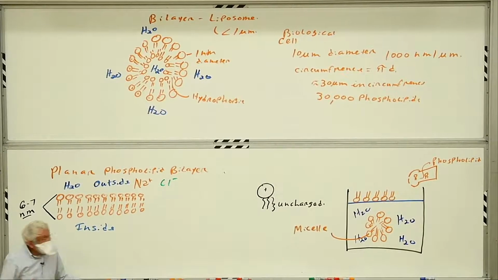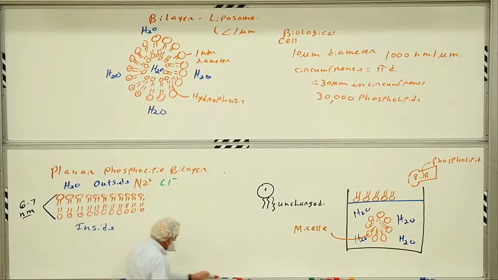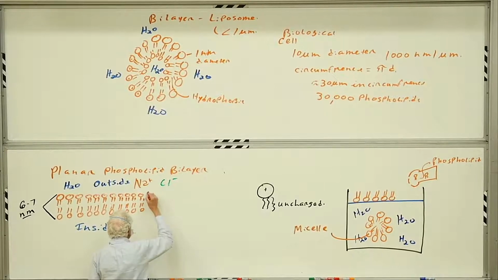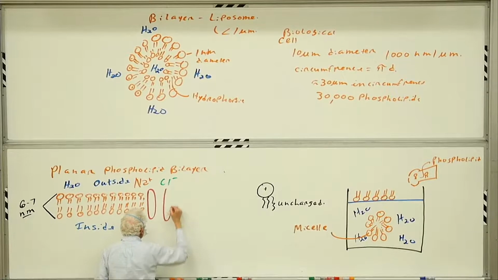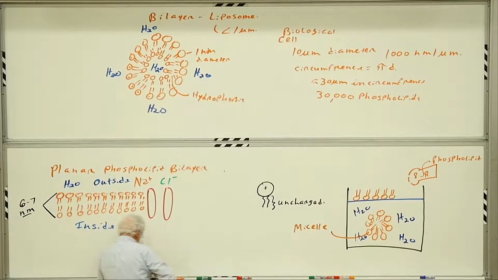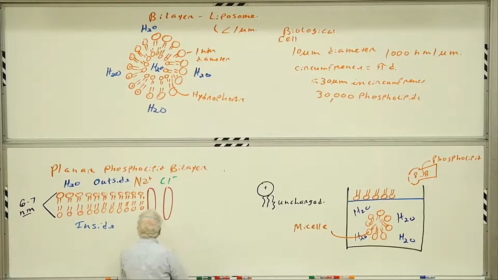So the next character we have to introduce here is a transmembrane protein. And I'm going to show this transmembrane protein a little bit like a hot dog bun. And that transmembrane protein spans the phospholipid bilayer.